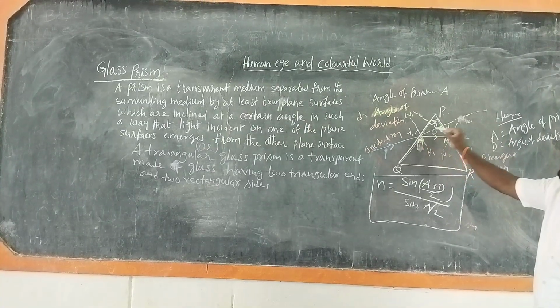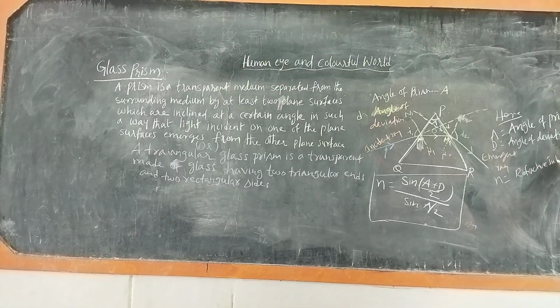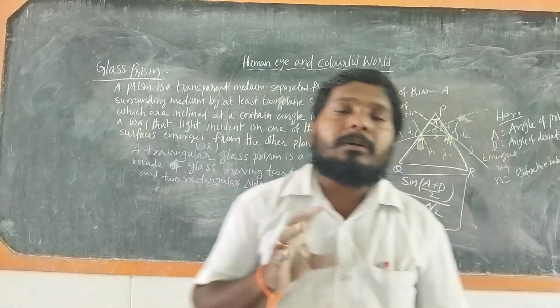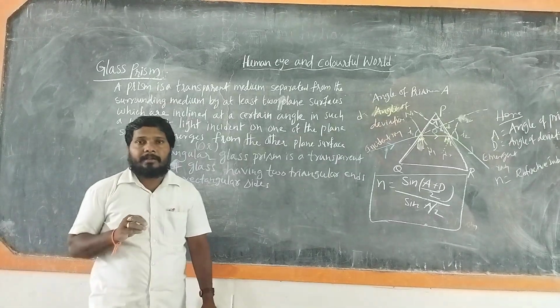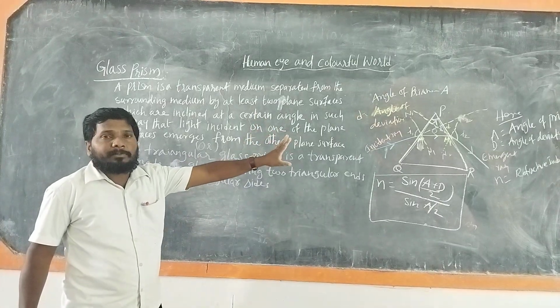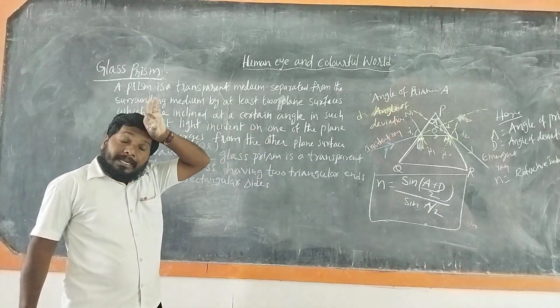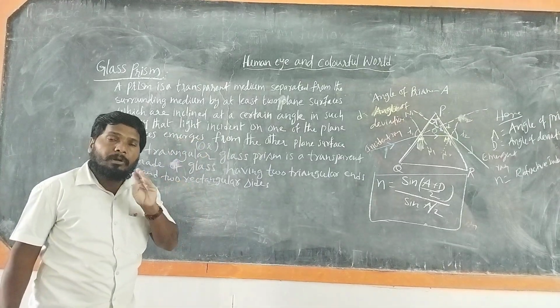And n is the refractive index. So this is about the refraction of light through a glass prism. In a glass prism, the incident ray and the emergent ray are not parallel to each other.